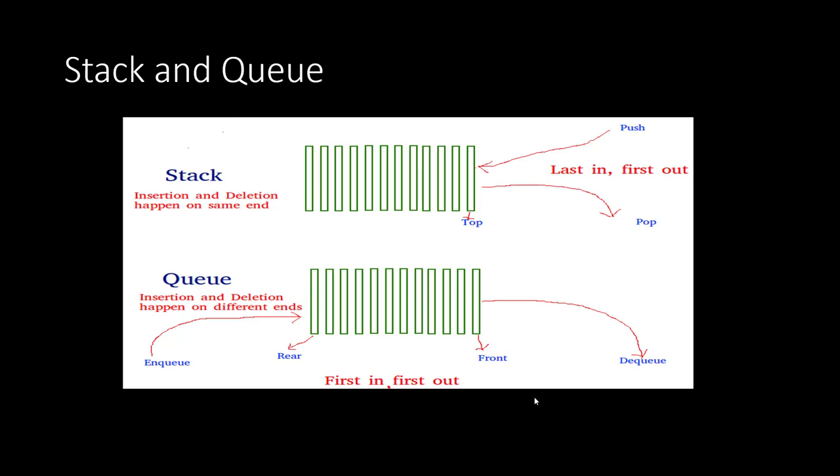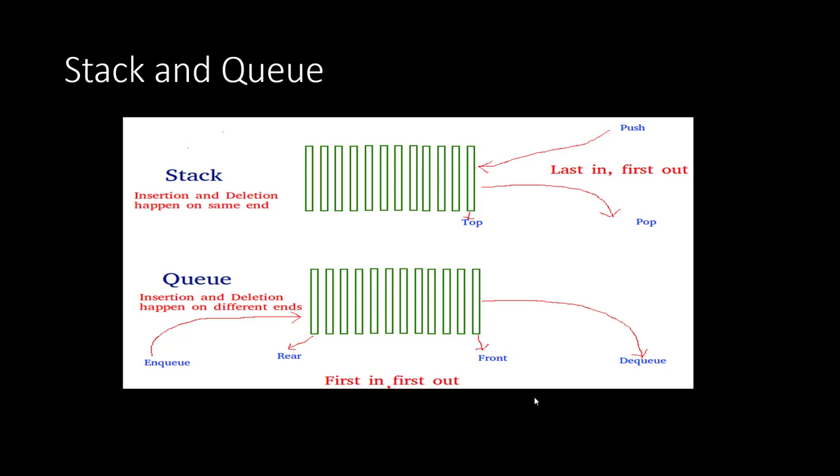We have push and pop operations, and the element inserted last is called the top element because it would be on top. You can imagine a box with one side closed and one side open. You keep adding elements into that, and the one on top can be considered the top element.